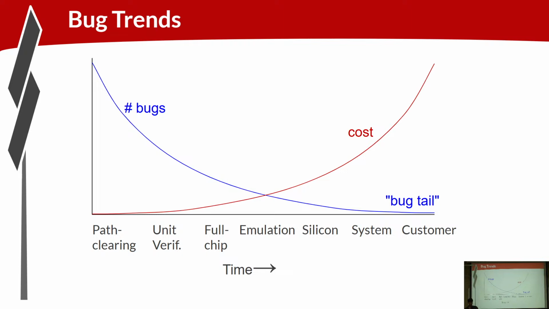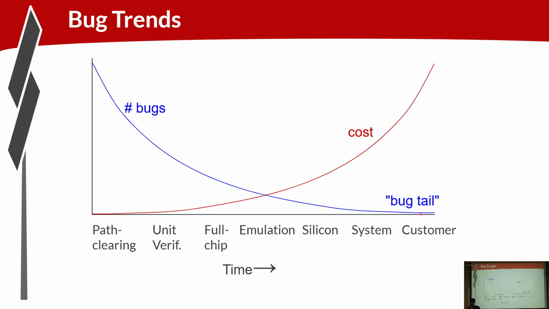So the nature of bugs, right? Early on in the design cycle, the designs are not very mature, they're evolving. Bugs are easy to find, so you have a lot of bugs. They're not worth very much. As the design matures, there are fewer bugs out there. The bugs are harder to find. They're more complex in nature. They're also incredibly more costly, right?